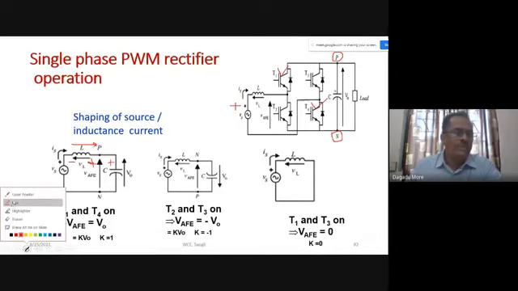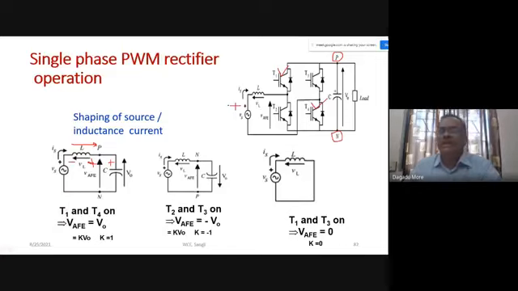other two switches. Let us assume that our other switches, T3 and T2, we made them on. When these two are made on, now what will happen? Now you see the P point, this inductor point is now connected to the opposite side of the capacitor.